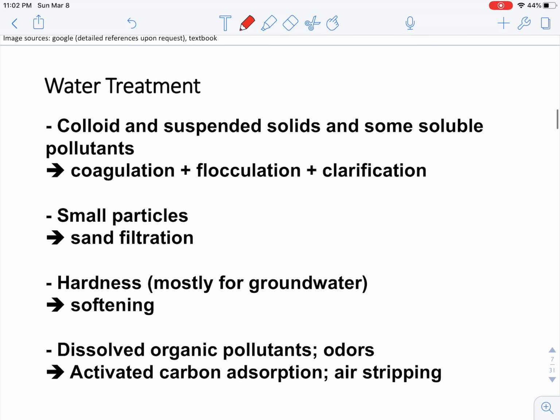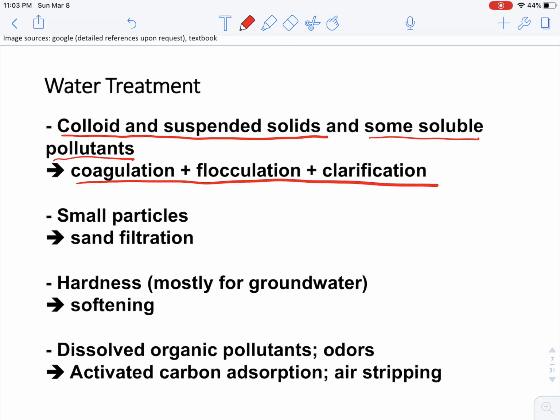And there are also more complex methods to get rid of the contaminants in the water. For example, for the colloid or the suspended particles, or suspended solids, because the particles are relatively small, there's no way that they can settle down by their gravity, right? And also for some soluble pollutants, people will use the coagulation, flocculation, and clarification.